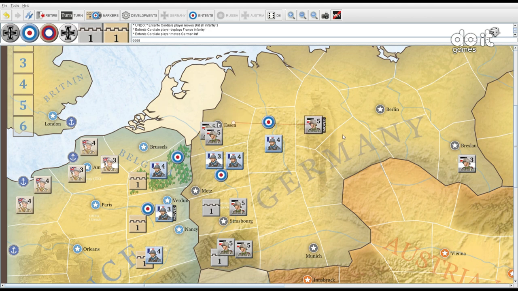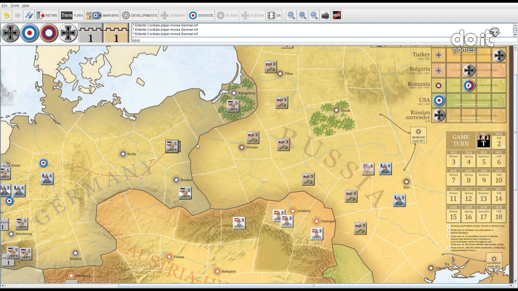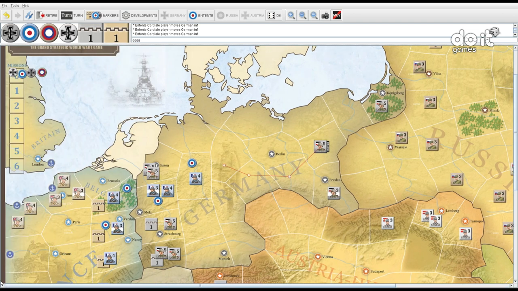I can move 4. That would be correct: 1, 2, 3, and I am not able to enter the Austro-Hungarian, the Russian area, because I would need 2 more. Remember that entering an area that I don't control costs twice, so I am not able to enter here.